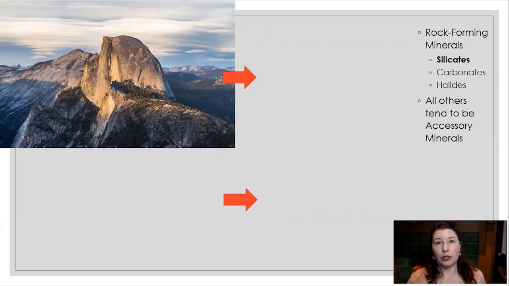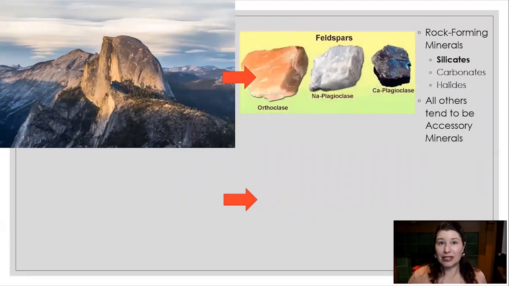By far, the majority of these are going to be silicates, silicon and oxygen bonded with a bunch of those other elements. Half Dome in Yosemite National Park is made up of granite, and granite typically contains a lot of feldspar as well as a couple of other things.